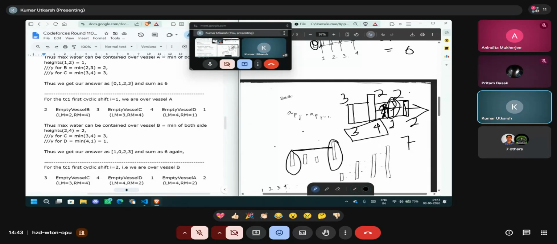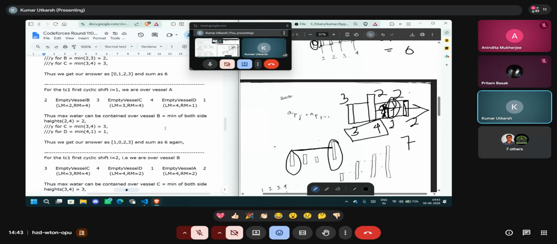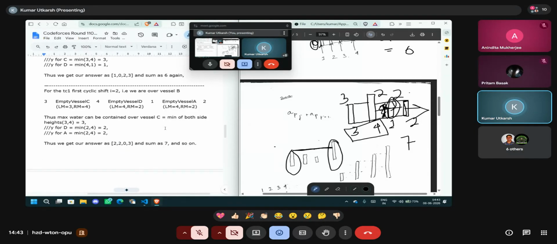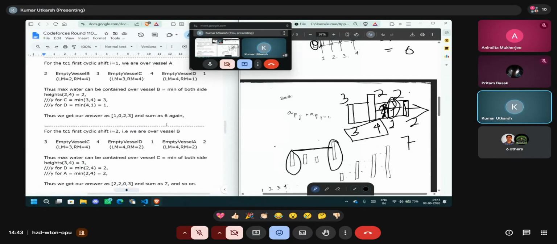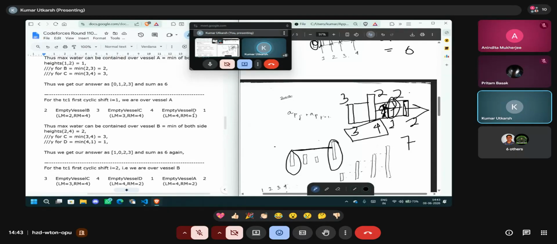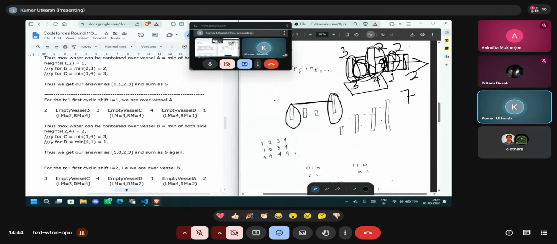Right? Pritam? Okay. So you can see we are just checking the leftmost maximum and the rightmost maximum for this vessel. And then we finally get our answer for both.